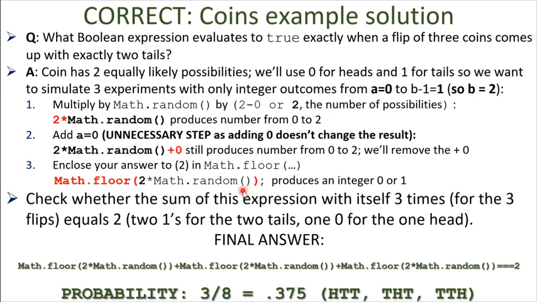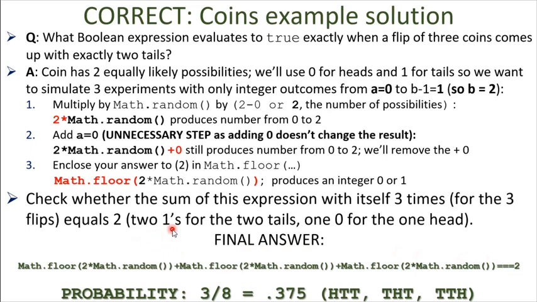Right, so this actually simulates the flipping of one coin, but we wanted to do 3 coins. So this time what we're doing is math.floor of 2 times math.random 3 times. And we'll add all of these together and see if it's exactly 2, right?